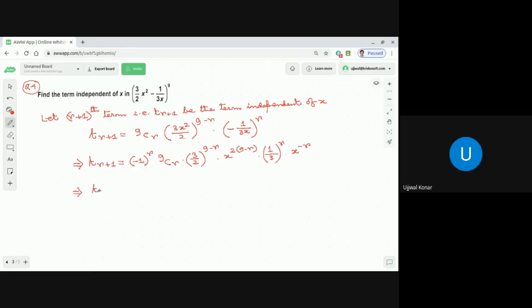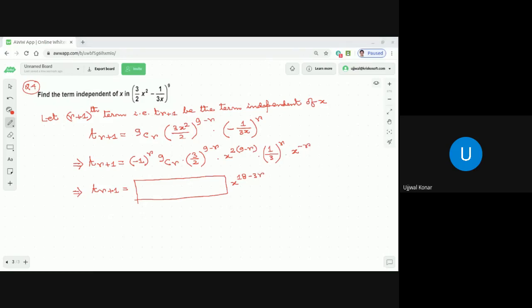So T(r+1) should be a big box in which all the terms will be there, apart from what is coming as the power of x. So x power what will be? 2 into (9−r), that means 18 minus 2r, and minus r, that means 18 minus 3r. All the other terms I'll write, but we are less bothered because that is not our purpose.